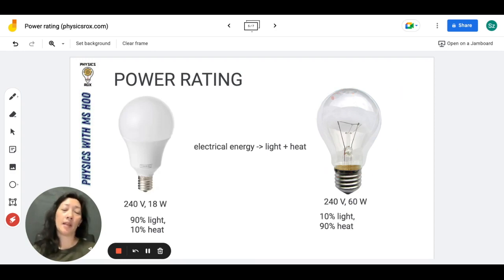So filament light bulbs work by heating up the filament. That means the current flows in and heats up the filament. Once it glows, it converts some of the heat to light. This bulb works differently depending on what kind of bulb it is, but generally it doesn't produce heat to produce light.